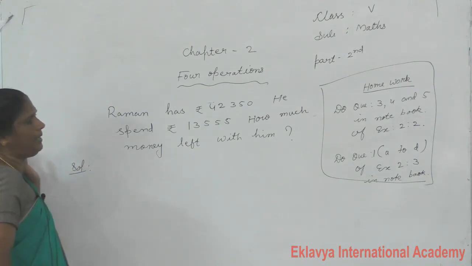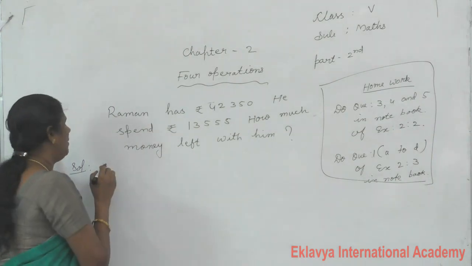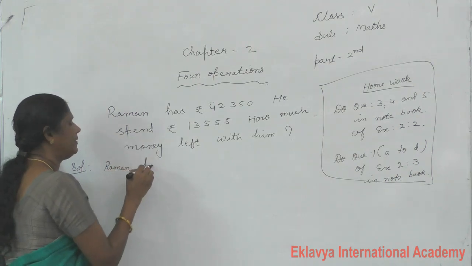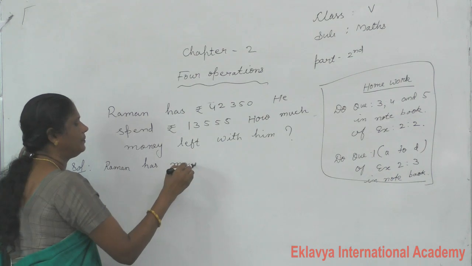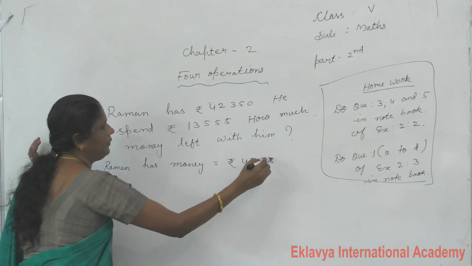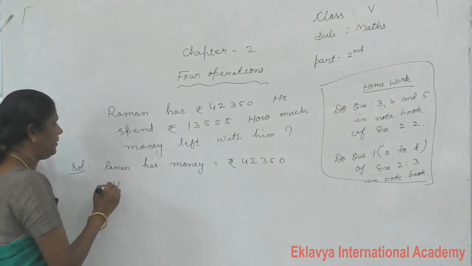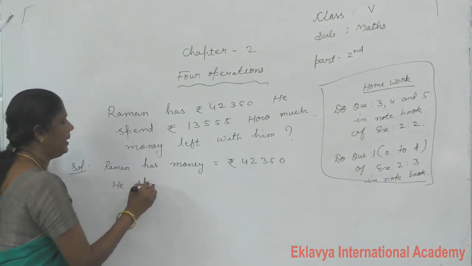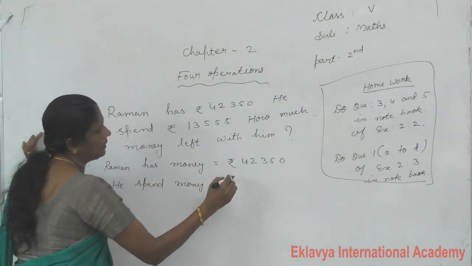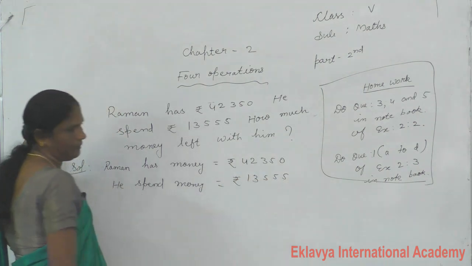Raman has money, rupees 42,350. Okay. Then he spent money, 13,555 rupees.